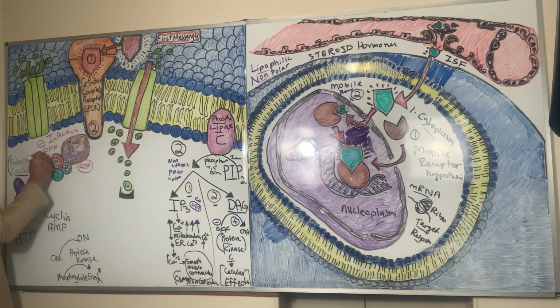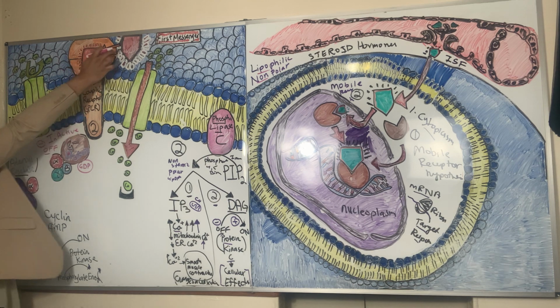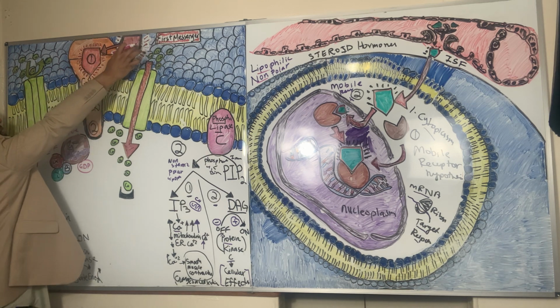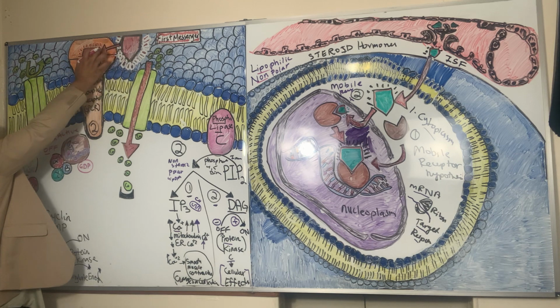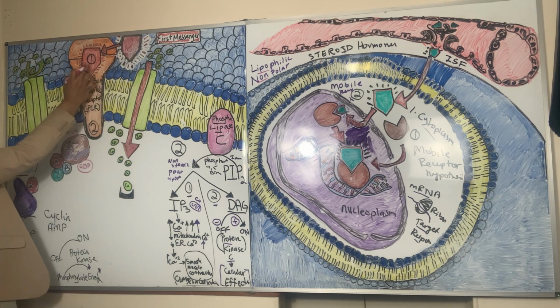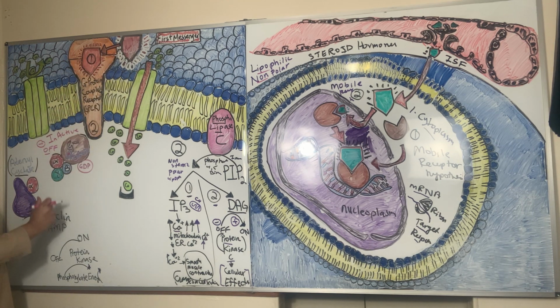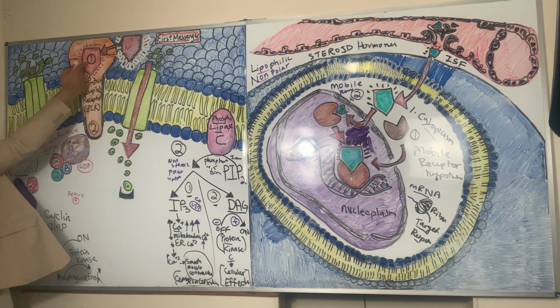That is when we are in the off position, we are minus, we are inactive. But once the ligand, the stimulus, binds the receptor, there will be a conformational change. And now we're going to be turned from the inactive form to the active form, from the minus form to the plus form, because the receptor is now bound.